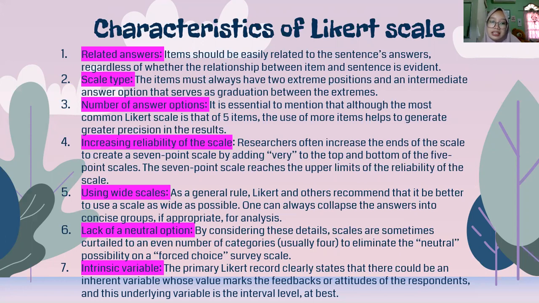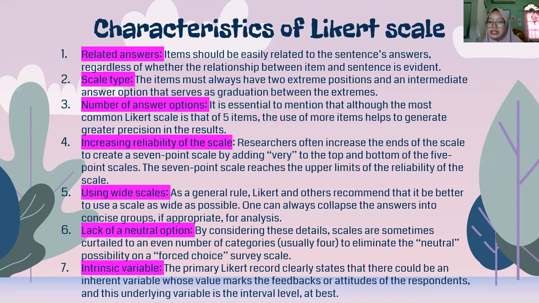The fifth is using wide scale. As a general rule, Likert and others recommend that it be better to use a scale as wide as possible. One can always collapse the answers into concise groups if appropriate for analysis. The sixth is lack of a neutral option.